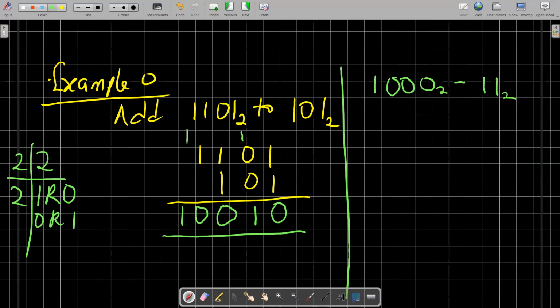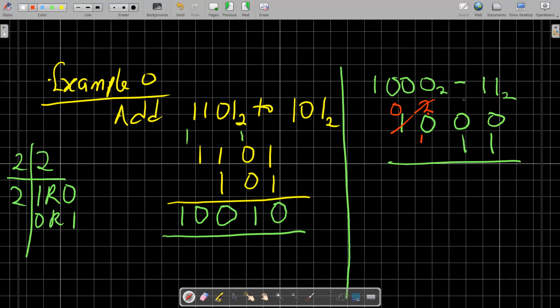Let's see what will happen. Now, remember the process of subtraction is quite simple. Since this is a 0, you will need to go and borrow. So I'm going to borrow 1 from this first number. So this cancels out and becomes 0. I'll bring it here. Now, the number I am borrowing will be 2 because I am working in base 2. So this is 2. I'm still going to borrow again, and this becomes 1.